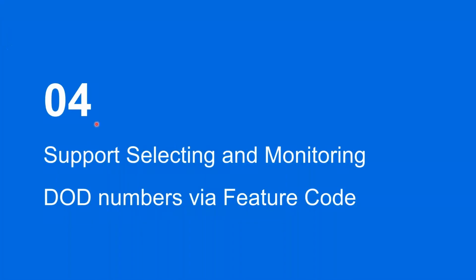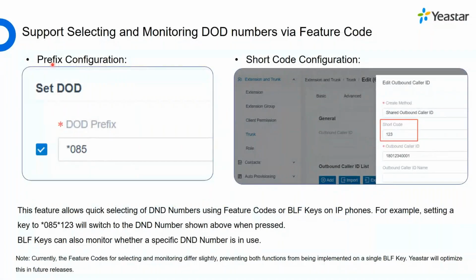Okay, let's move on to the next. Here we can see the support for selecting and monitoring the DOD numbers by feature code, for the BLF key. Here is the configuration page. If you go to the feature code configuration page, you will see there is a new option where you can set up the prefix of the DOD selecting.